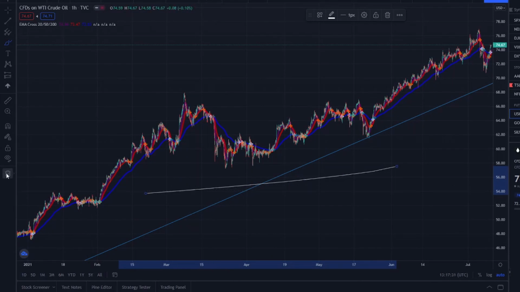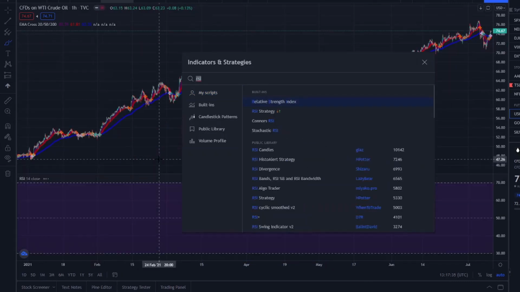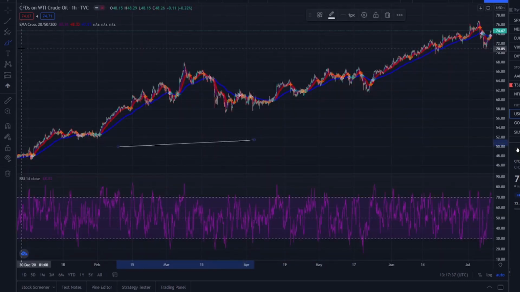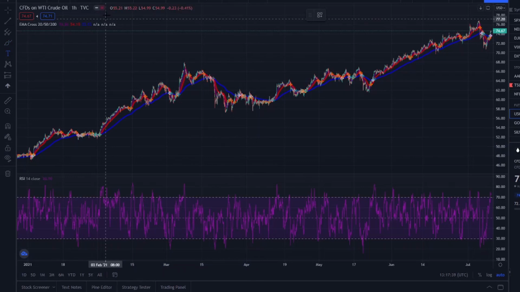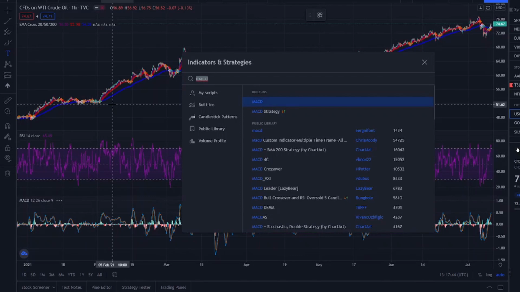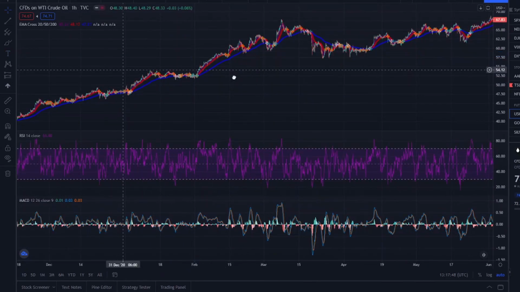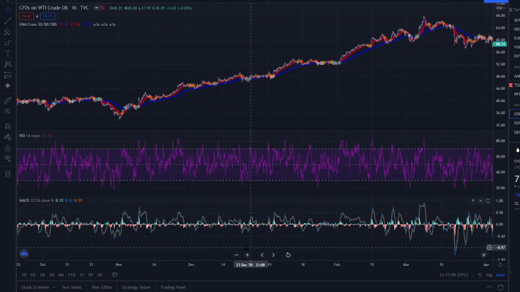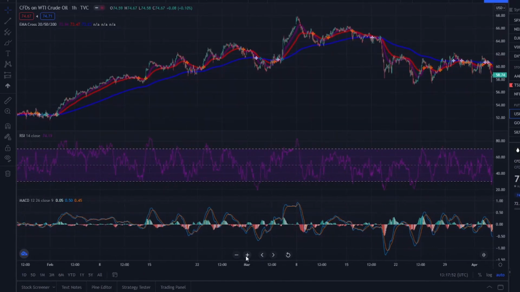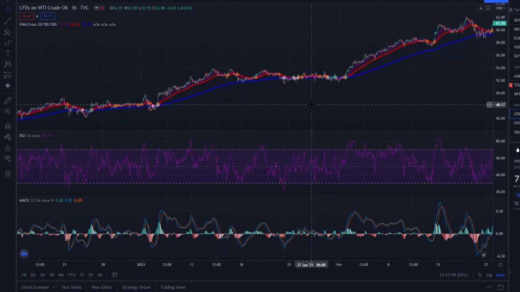Not what I was looking for. We can always add extra indicators to help us more. I mean, don't get me wrong, if you're new to trading, you probably shouldn't use that many indicators, because simple trading requires simple strategies, and not that many indicators are needed actually.